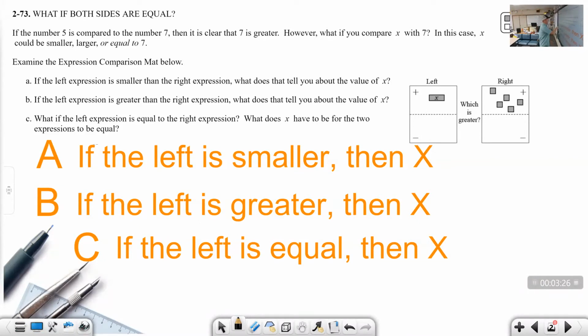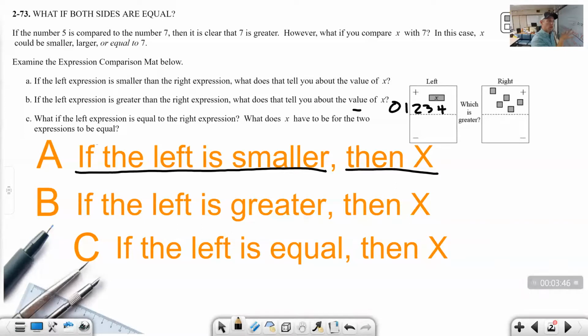So in letter A, I want you to write, if the left is smaller, then, so let's think. What could x be if left is smaller? Let's see, 4, 3, 2, 1, 0. Anything in the negative? All of those are smaller.